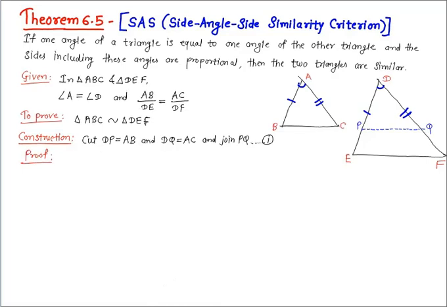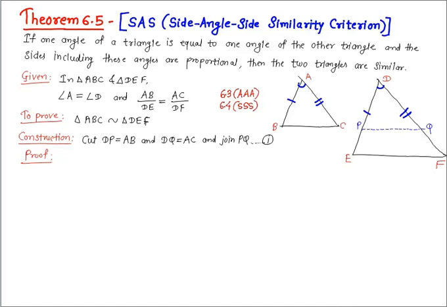Now, to prove triangle ABC similar to triangle DEF, just think, can we use theorems 6.3 or 6.4 which we learned previously? Yes, we have learned in theorem 6.3 angle similarity criteria, and in 6.4 side similarity criteria, right?